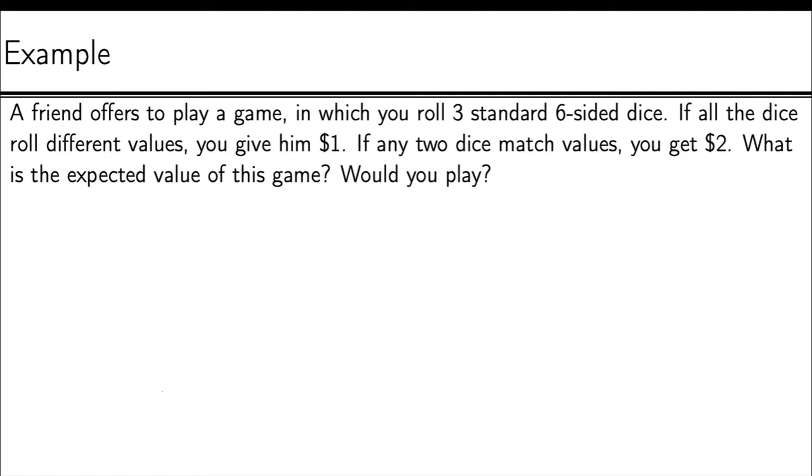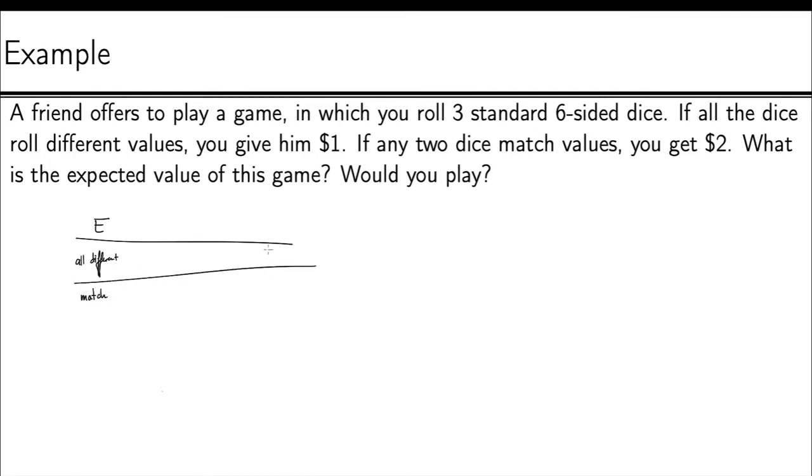So, let's talk about our different events. The events are, of course, that you either win or lose, and we're going to write that in terms of the rolling. So all the dice are different, and then the other one is that we have a match.